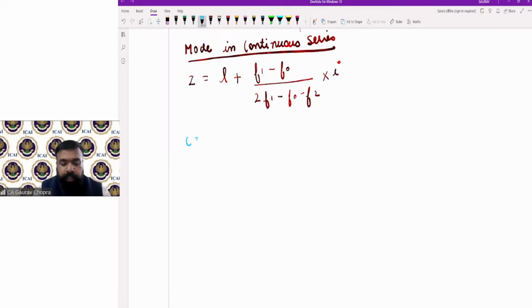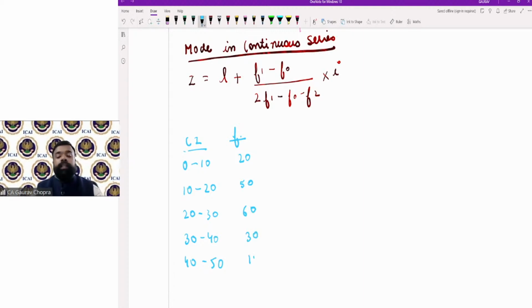class interval is given 0 to 10, 10 to 20, 20 to 30, 30 to 40, and then 40 to 50. Then frequency is also given. Frequency is 20, 50, 60, 30, and then 10. This is the frequency.